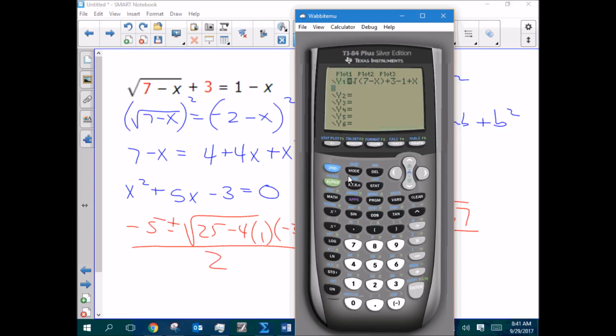You can do the combining of like terms and all that kind of stuff if you want to, or let your calculator do it. Okay, but all I did is I moved this 1 over and I moved that x over, right? Okay, and I got the original equation to be equal to 0. So now I'm going to go back to my table. So go second table.